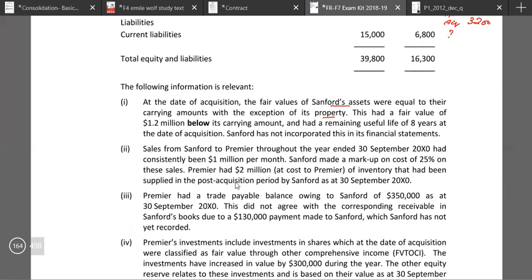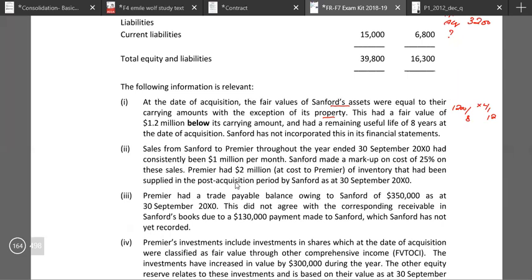Sorry for my throat problem. So you have the carrying value below, but you need to calculate the depreciation over here. So it's 1,200 divide by 8, and we need the depreciation for only 4 months. So it will be 1,200 divide by 8 multiply by 4 divide by 12.